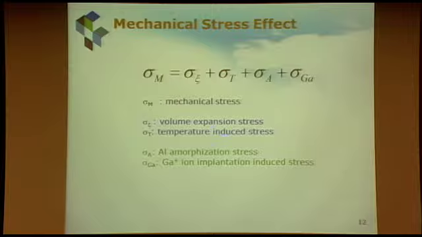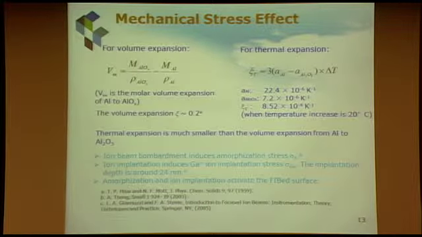These were created during the anodization. So we did some calculation and found out the major stress is from the volume expansion. So we can calculate, this is pretty easy to do. It's about 20% volume expansion. That's a huge amount. And then for the temperature, it's pretty minor. It's only 10 to the minus 4. This is really a minor contribution to our system.